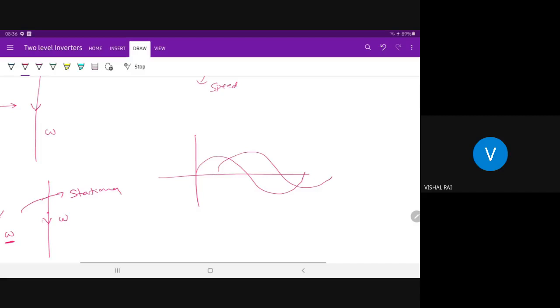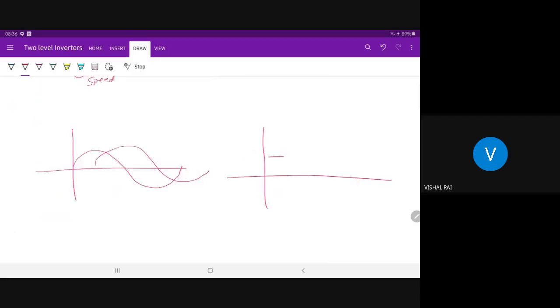So when you do this, you will get some stationary one, and this is another one. This is known as VD and this is VQ, right? These magnitudes depend on at what point you're taking that instantaneous value. So this is V alpha and this is V beta, and this is their resultant values, VD and VQ.